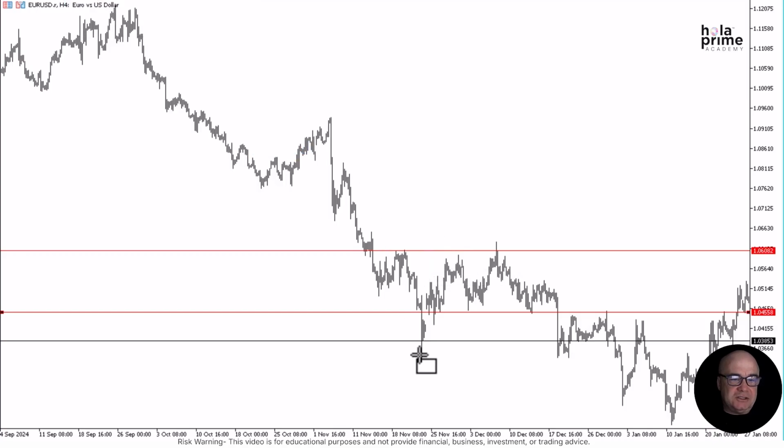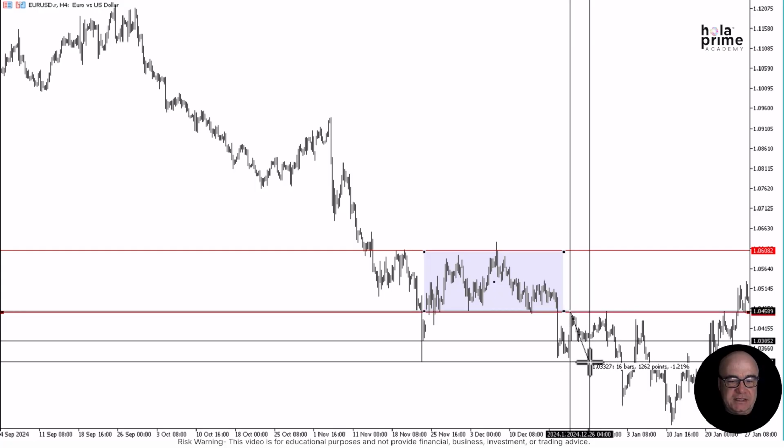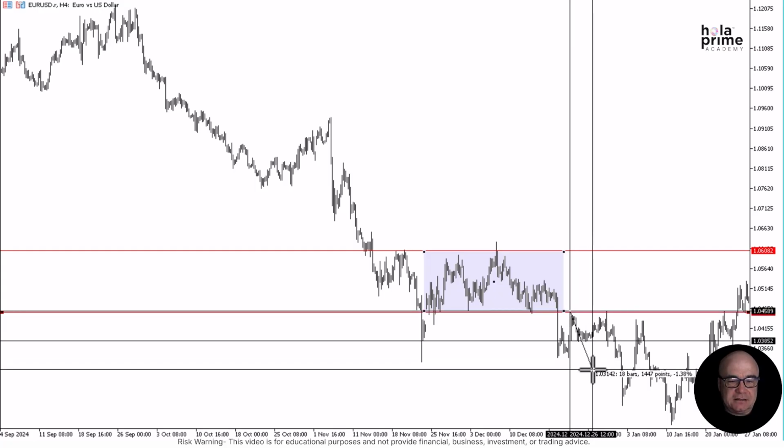Notice that we plunged and we came back to this previous resistance area, and that became the top of your rectangle. Once you break down from the rectangle, the beauty of this is there's a built-in measuring stick. Your target is the height of the rectangle. So in this case, 150 pips. And you can see that we did, in fact, get it. It took a minute, but we got down there.